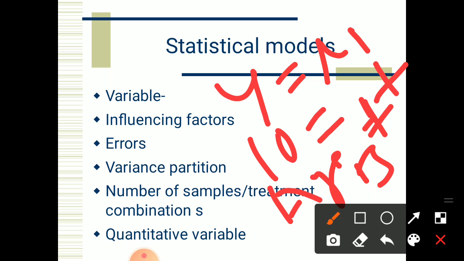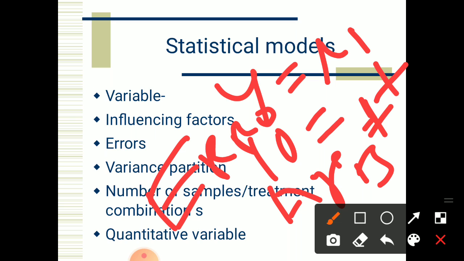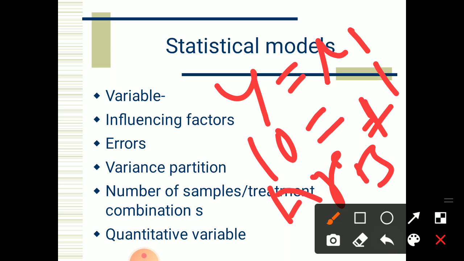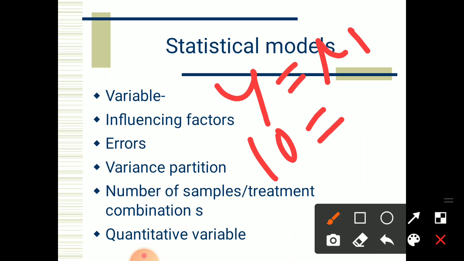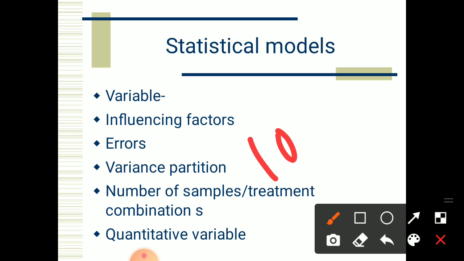After including all the variables, we will have the errors also, as an important value in this model. That model basically is nothing but an equation that defines the influence of different factors along with the error on a response variable. Right, I think that is sufficient with respect to the statistical models.